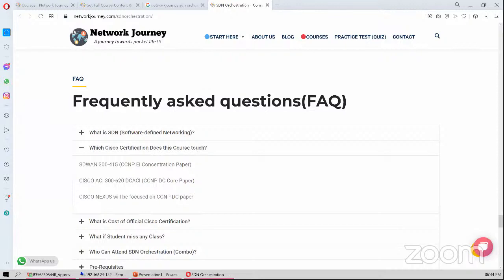Does it cover all the table of contents mentioned by Cisco, as per the Cisco syllabus for the course exam? That's right. As I have written the exam number, they cover the blueprint itself. Each and every topic will be covered in depth with practical knowledge.